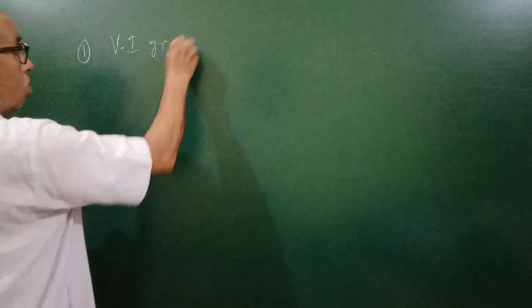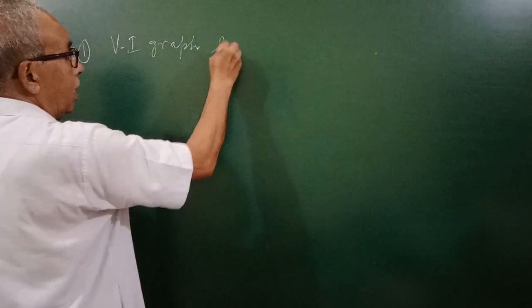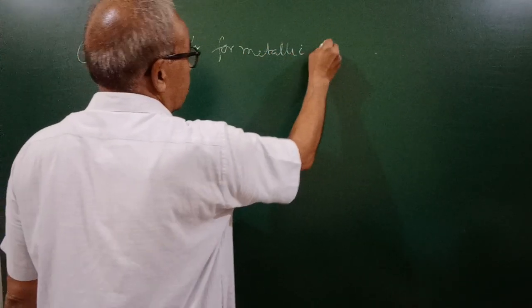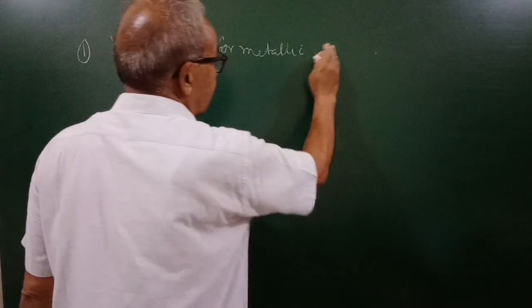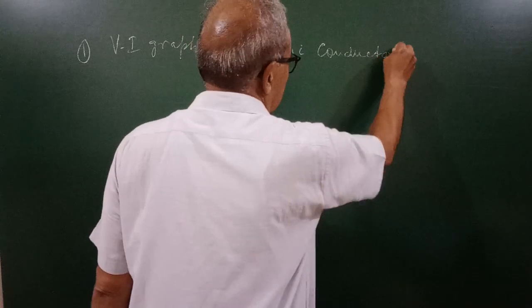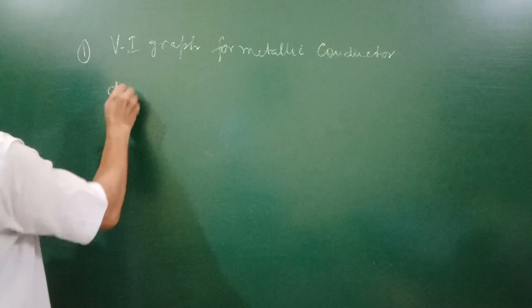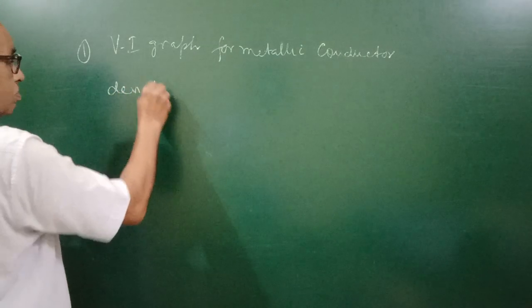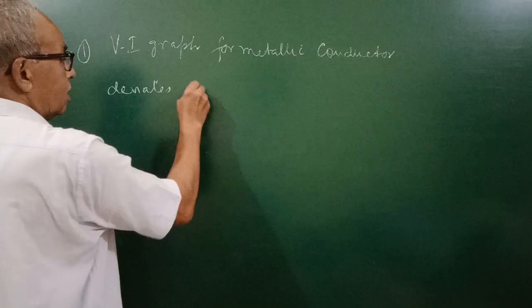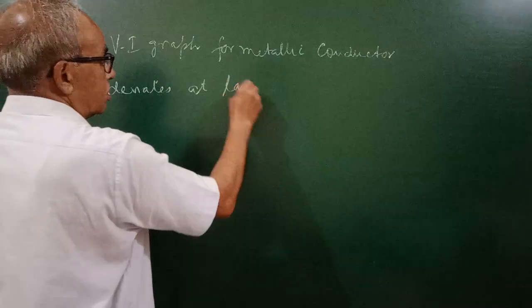Number one, the VI graph for a metallic conductor deviates at large currents.